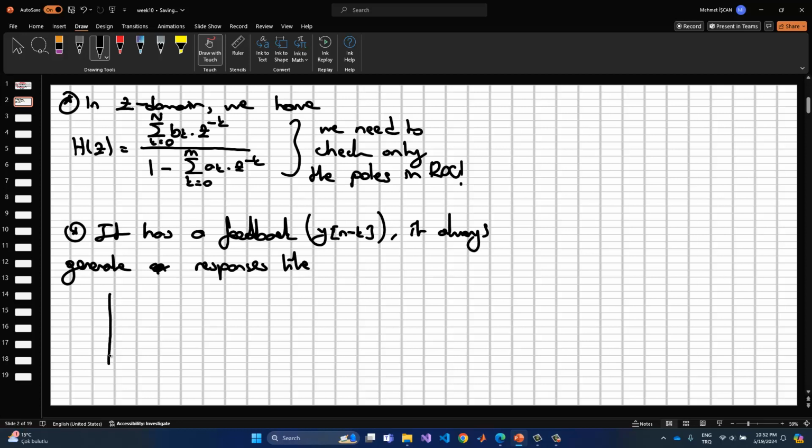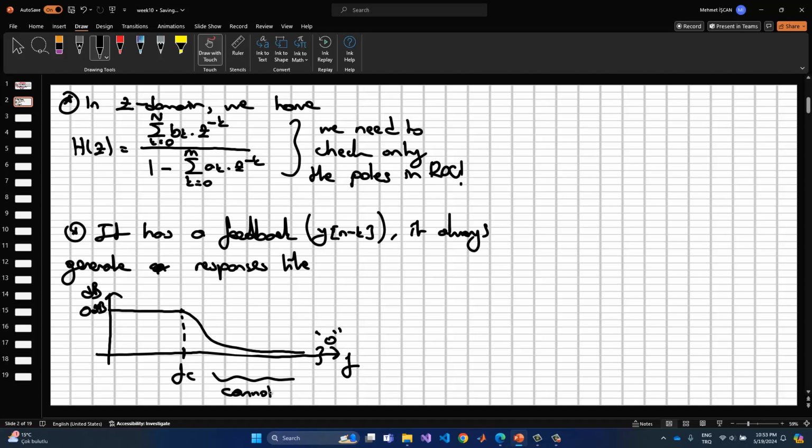For example, in the Bode plot we have the frequency values in here, and we can draw the cutoff frequency just like this one, and so we can design the IIR filter with the 0 dB maximally flat value up to the cutoff frequency, and after the cutoff frequency this goes closer to 0. Okay, but it can never be exactly 0.